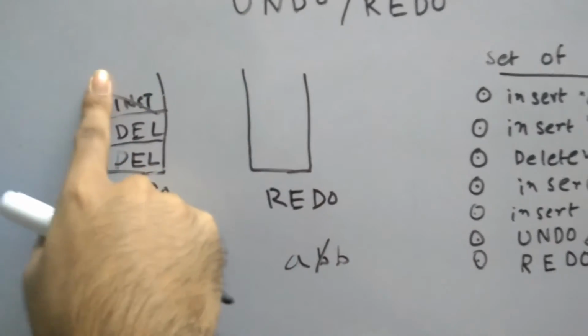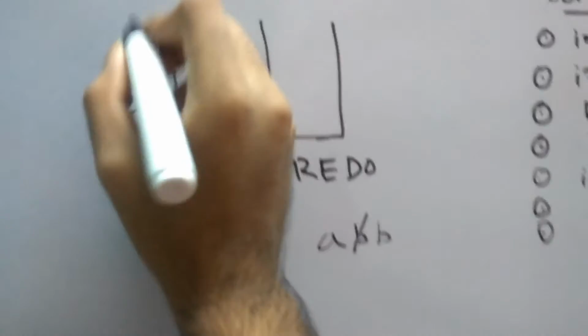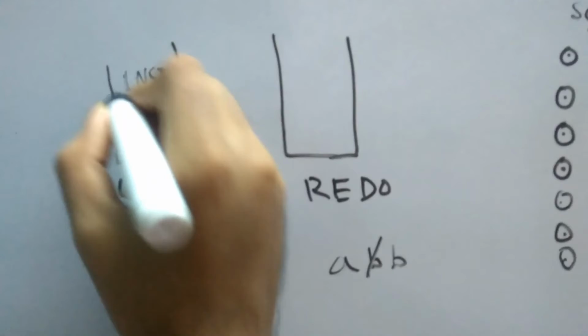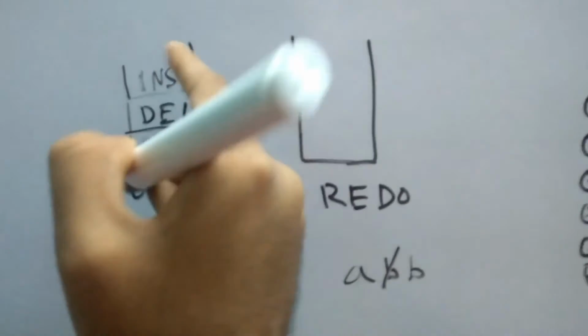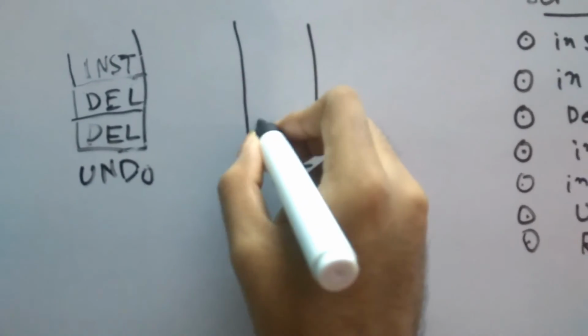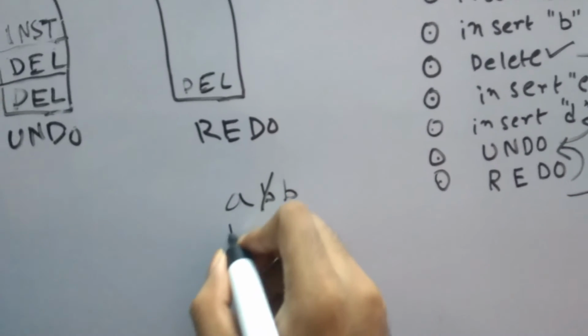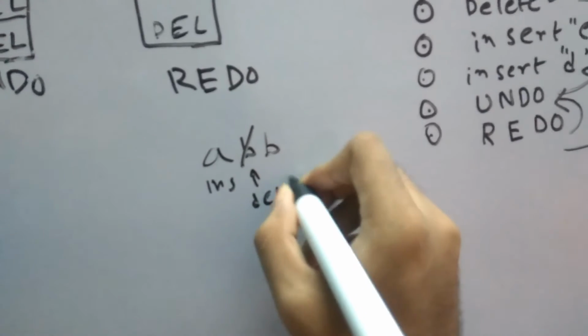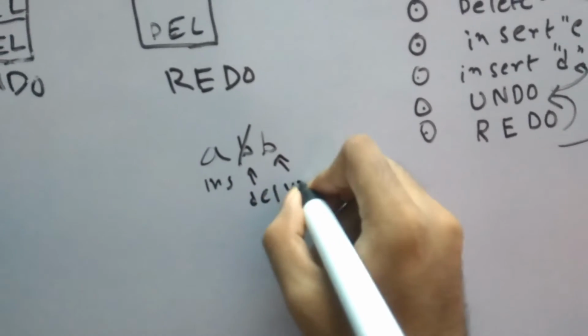So here, before popping, it was doing what? Inst, that means insertion. So whenever we encounter any undo, we store its opposite in the redo stack, so it will be delete. So here it was insert, here it was delete, here it was undo.